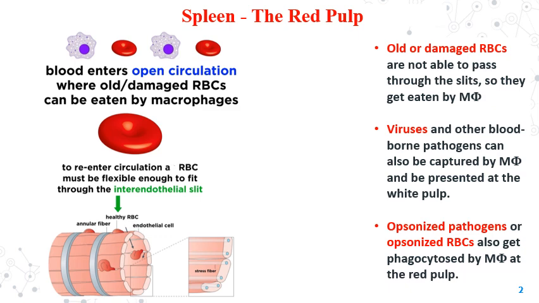So the only thing that is preventing your spleen from killing you from internal bleeding, right? The only thing that is preventing the spleen from doing that is the outer shell, the capsule of the spleen.